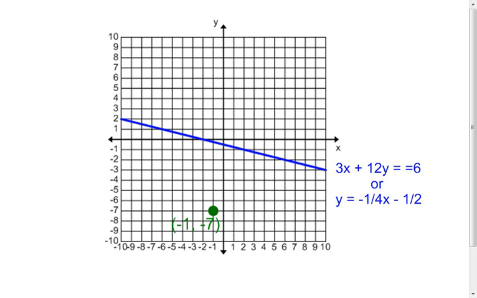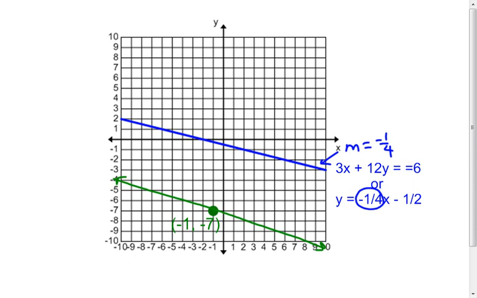And you're going to use the point negative 1, negative 7. You're going to find a line that is parallel to the blue line. So in other words, it never crosses the blue line. That would be this right here. We know that lines that are parallel have the same slope. So on this one right here, I know that my slope is negative 1/4.